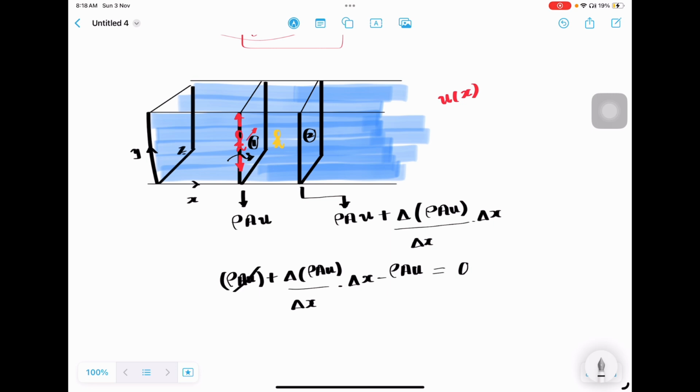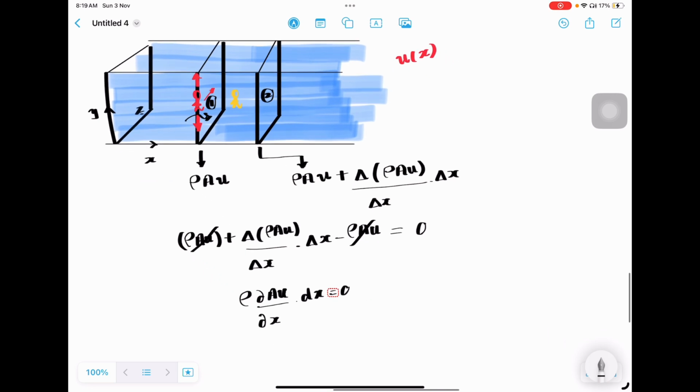And I can also say that these two terms will go away. Since the difference del term is going to be very small, I will get dou AU divided by dou x into dx is equal to 0. I can pull the density term outside, so I can divide by density on either side so that the density term disappears.